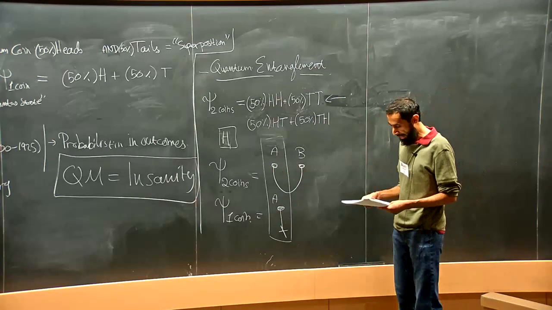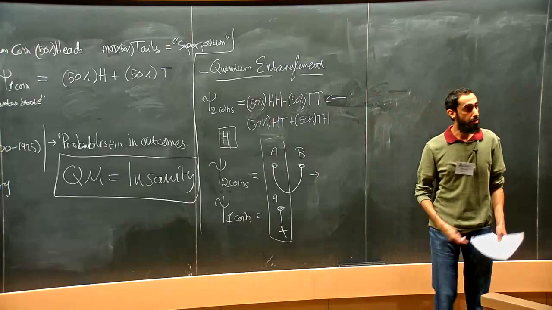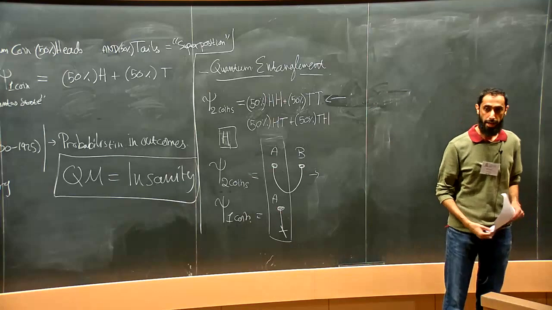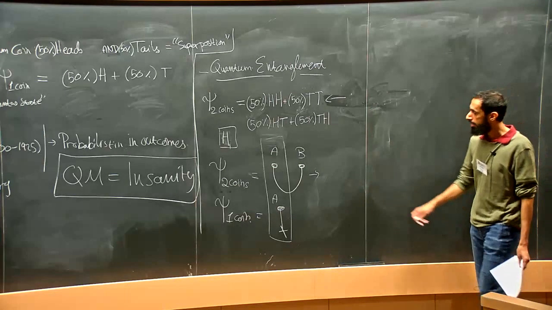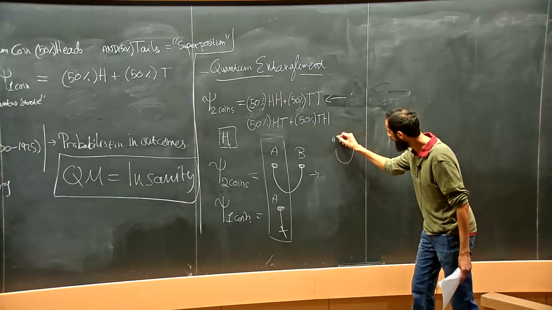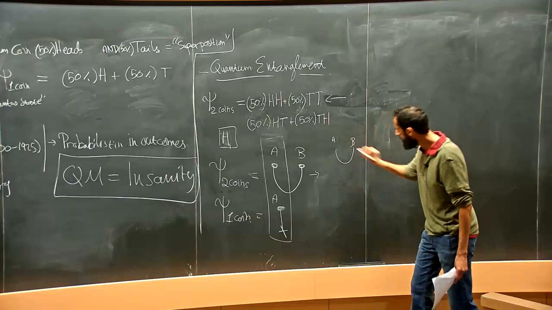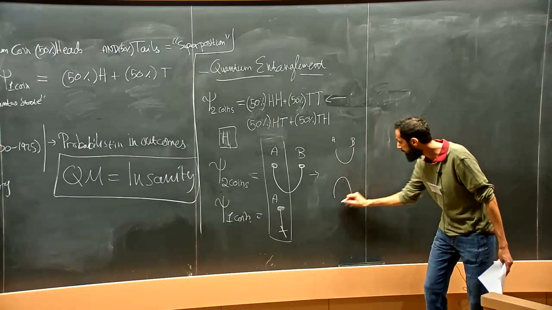There's a mathematical, or pictorial way rather, of checking whether A and B are entangled, and it's by following the following procedure. What you do is you take this quantum state of A and B, and then you double it in this fashion.